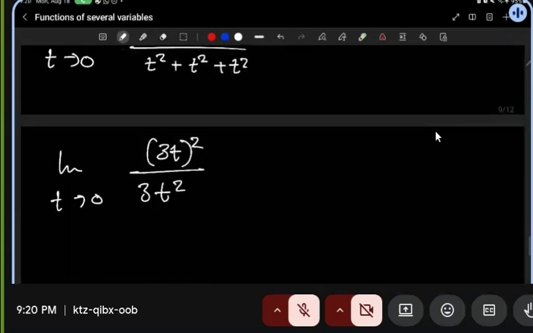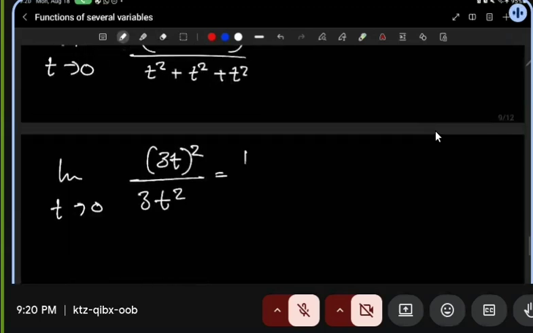So in this case, observe that this reduces to the limit as t approaches 0 of 9t squared over 3t squared. The t squared cancels, and this reduces to 9 over 3. 9 over 3 will be equal to 3.